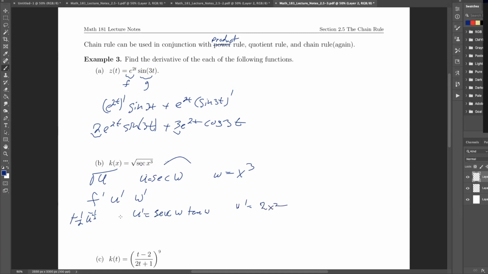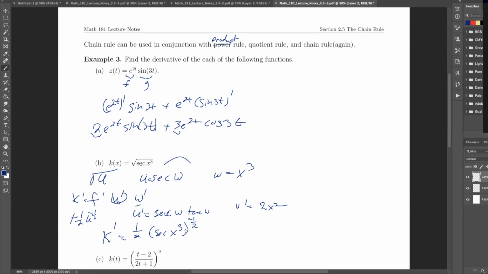Okay, so let's put this all together now. So k prime is equal to f prime u prime w prime. Here I'm doing chain rule, and then this I'm doing chain rule again to get this w. The first chain rule is going to give us 1/2 secant of x cubed to the minus 1/2 power.